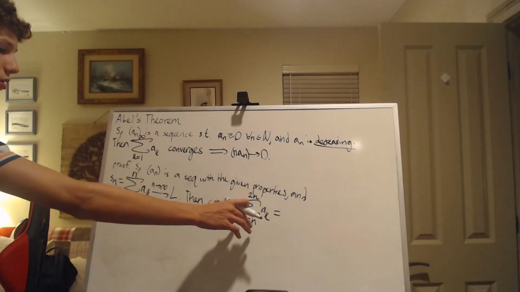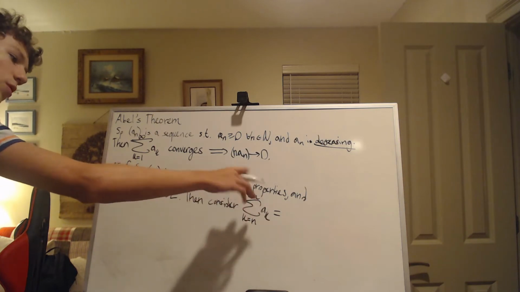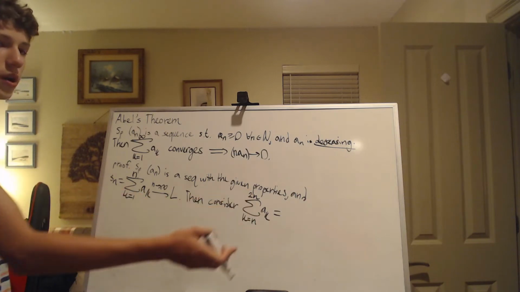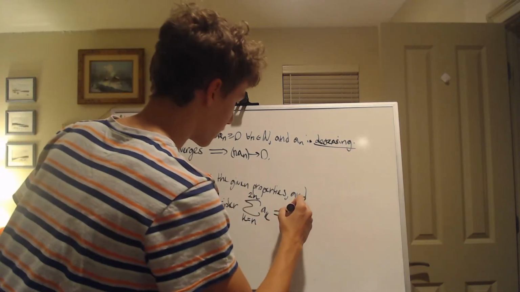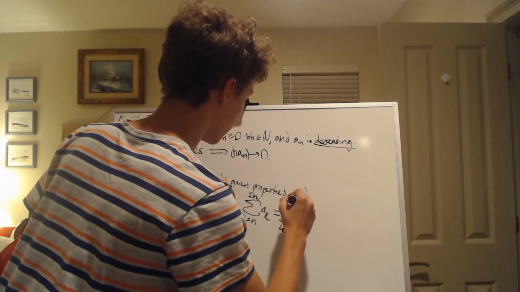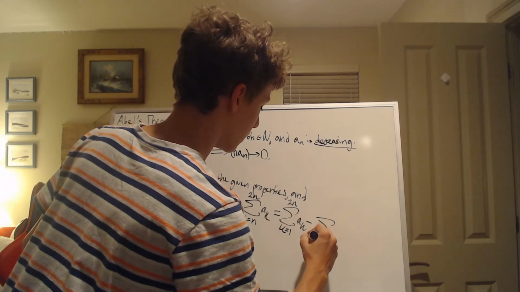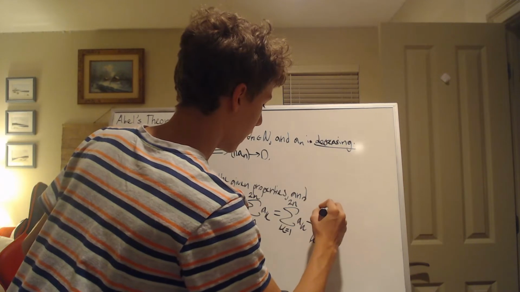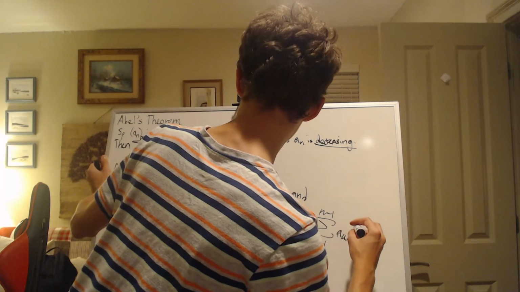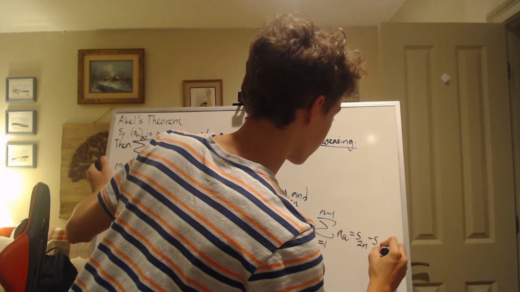Consider the sum from k equals 1 to 2n of a sub k. We're subtracting off some terms, and those terms are just the terms from 1 to n minus 1. I'll write it out fully to make it clear: the sum from k equals 1 to 2n of a sub k minus the sum from k equals 1 to n minus 1 of a sub k. And that's just S sub 2n minus S sub n minus 1.